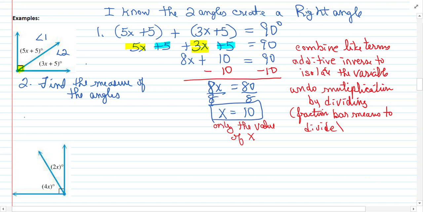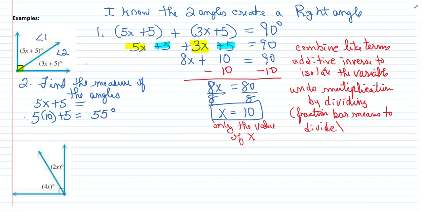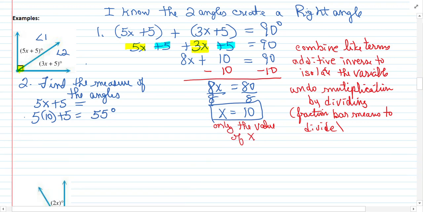Okay, so we have 5x plus 5, and we know that x is 10, so that makes it 55 degrees. Then we have, this is angle 1. Angle 2 has 3x plus 5.